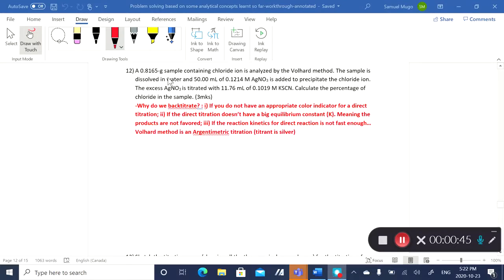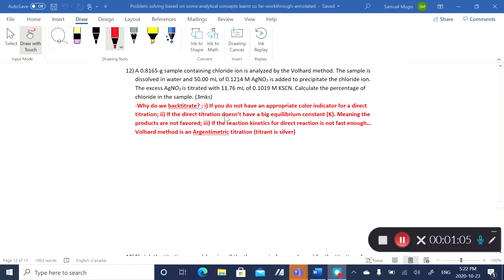So let's look at question number 12, which is not very different from what we had solved earlier regarding back titration. The back titration we are talking about is a Volhard method, which I've covered in previous lectures.